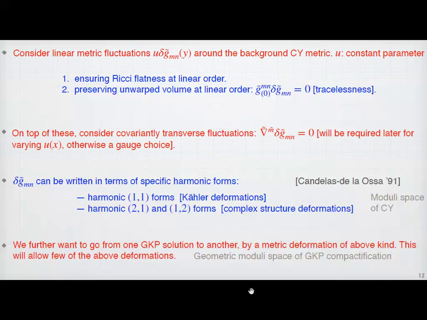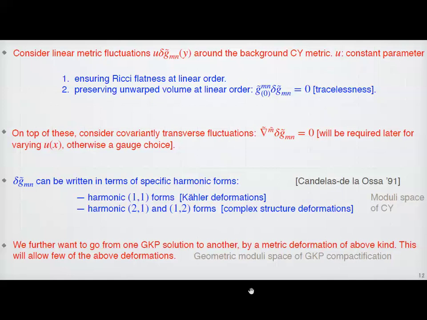Okay, so if you satisfy these three, they say that this can be written in terms of specific harmonic forms. Harmonic (1,1) forms give the Kähler deformations. Harmonic (2,1) and (1,2) forms give complex structure deformations, and there is U and U bar associated to this because they are complex numbers. So the counting is like 1:2. And then they form the moduli space of Calabi-Yau, but not all of them are in the moduli space of the GKP compactifications.